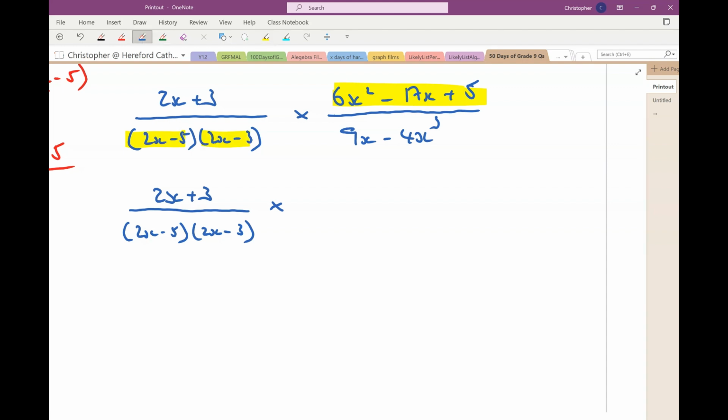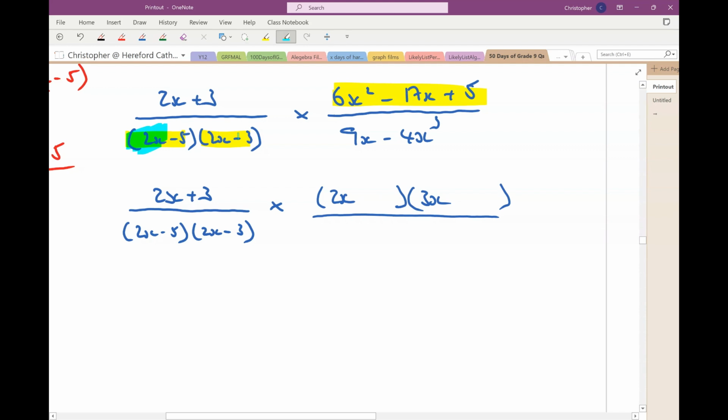So clearly that 6x squared is going to be a 2x and a 3x, because then there's half a chance that I might be able to cancel one of these brackets into the expression. So I'm thinking it's going to be either 2x minus 5 or 2x minus 3. Now, I'm going to hazard a guess it's 2x minus 5, 2x plus 1 there. Sorry, that's not going to work, because that wouldn't give me plus 5 here when I multiplied it out, would it? So it's going to have to be a minus 1 there.